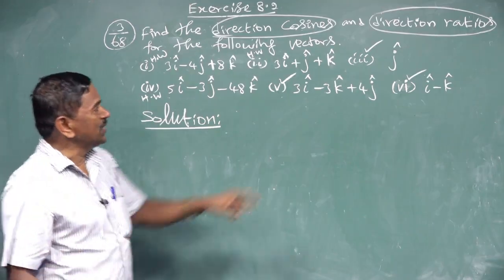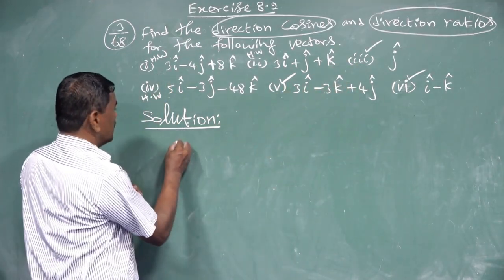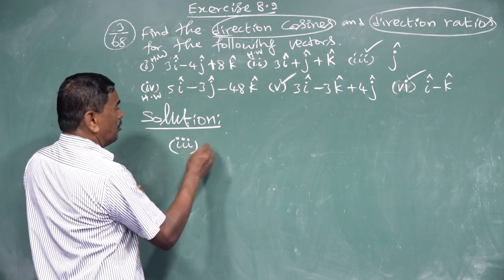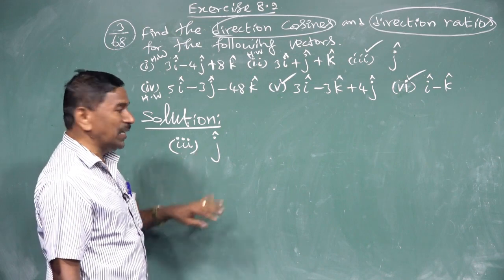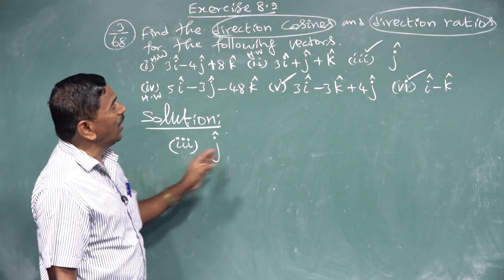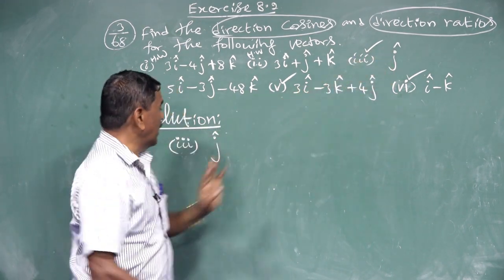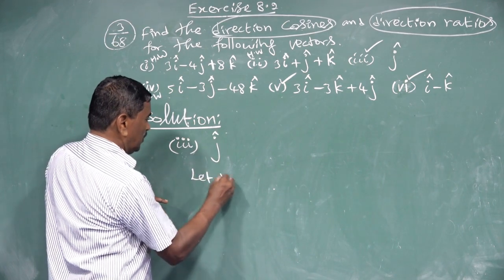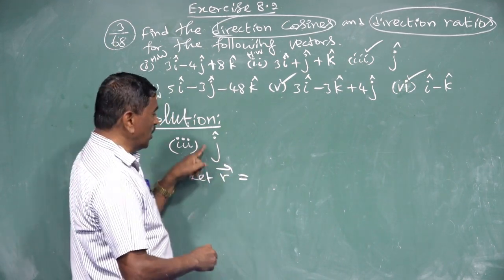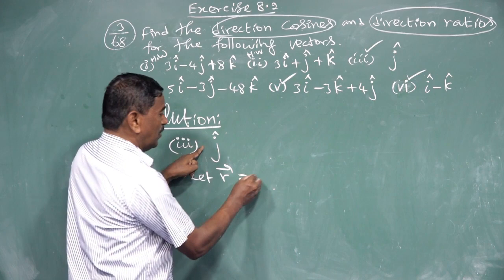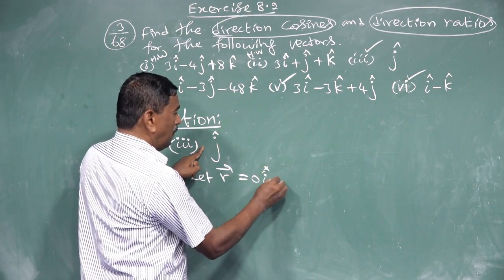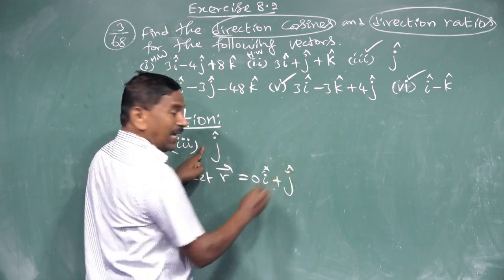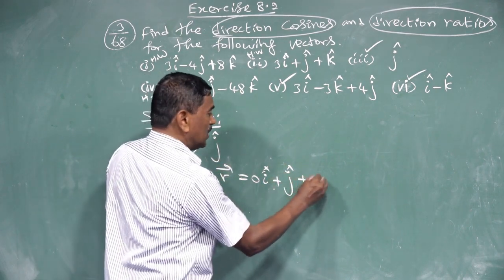Children, listen, subdivision 3 is j cap. First I want to rewrite the question. Let r vector be equal to, here i cap is absent, therefore 0 i cap plus j cap plus 0 k cap.